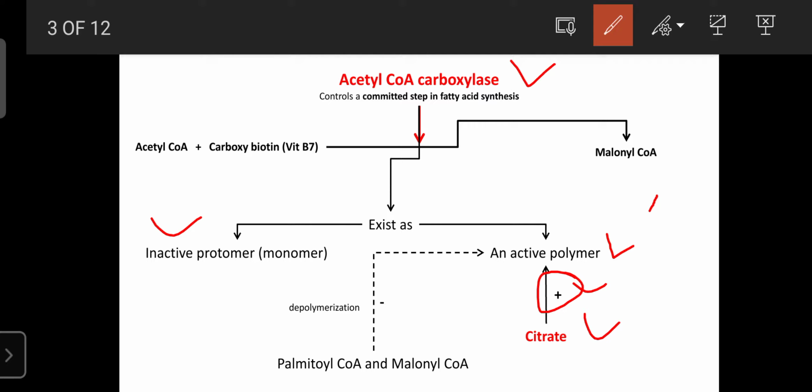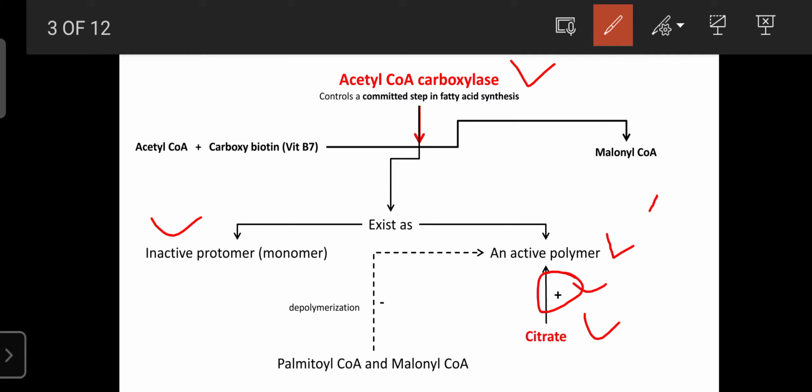So due to more presence of citrate, or production of citrate from the citric acid cycle, the formation of fatty acids is enhanced by enhancing the formation of malonyl CoA, by enhancing the active polymer of acetyl CoA carboxylase. So that's why citrate is an activating substrate. It enhances polymerization of acetyl CoA carboxylase into the active polymer, so more fatty acid is synthesized.